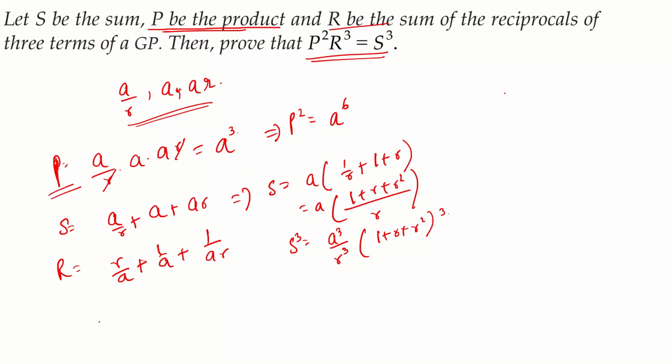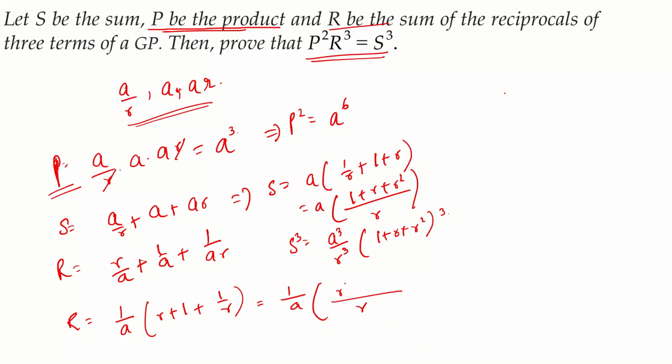Okay, now what is R? Let's also simplify R. So R is equal to, we can take 1 by A common, so we'll be getting R plus 1 plus 1 by R. So let me take R as LCM over here.